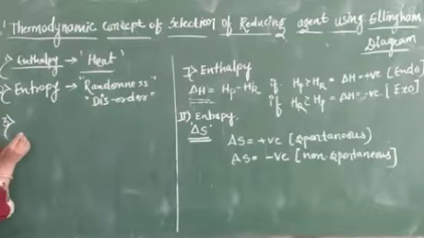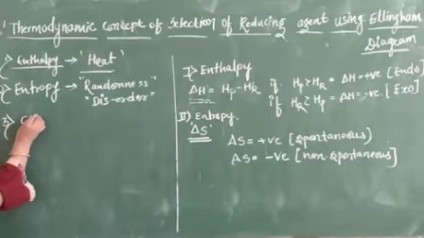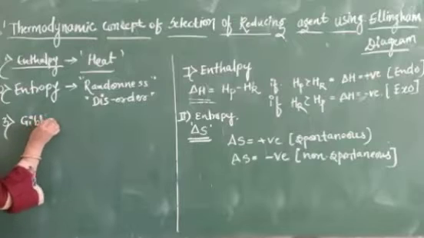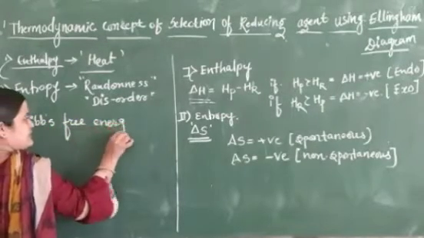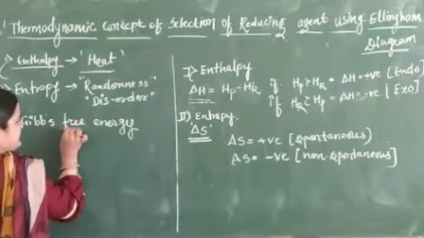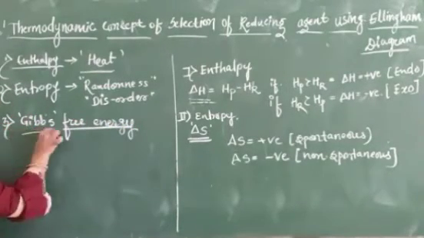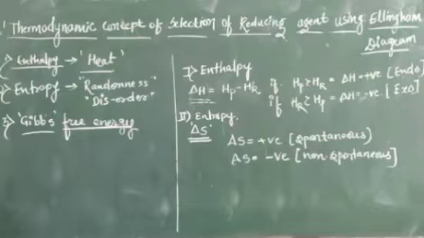Gibbs free energy. The name is given from the scientist Willard Gibbs, that we call Gibbs free energy. It is the difference between the total enthalpy of the system and the product of absolute temperature and entropy.